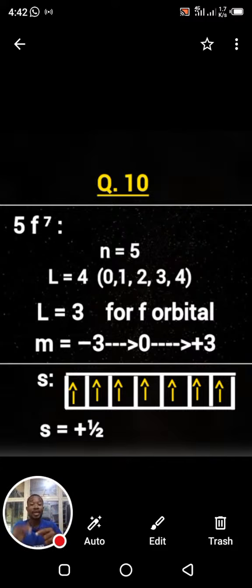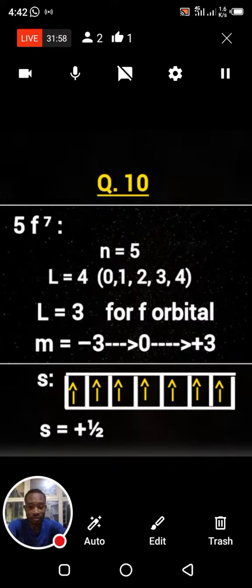And when you start pairing, the spin will be downward, which means the 8th electron will enter downward, anti-clockwise spin. But for this question, the 7th electron was an upward spin, so the spin quantum number value will be plus half. So that is just the analysis. Is that okay?